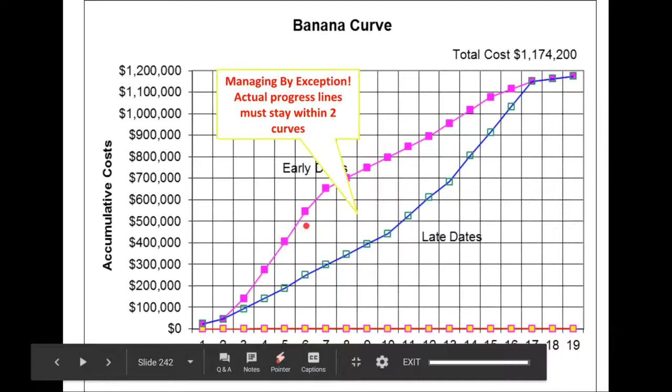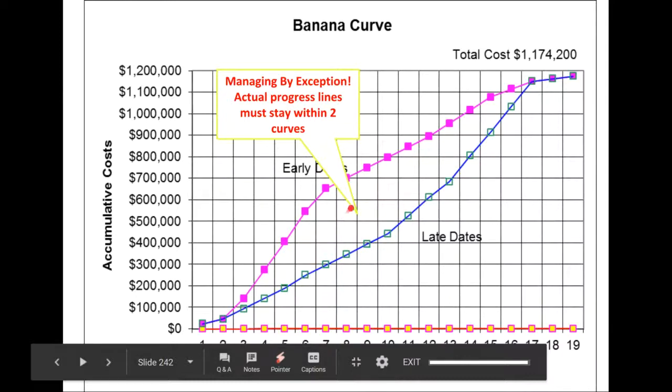Ideally, you should stay closer to the early dates, but even a middle would be expected. If you start falling out of this curve, that may trigger management by exception. For instance, if you're doing a very high spend, or if you're making even lower than the late date, that would trigger management by exception, and some clarity would be sought.